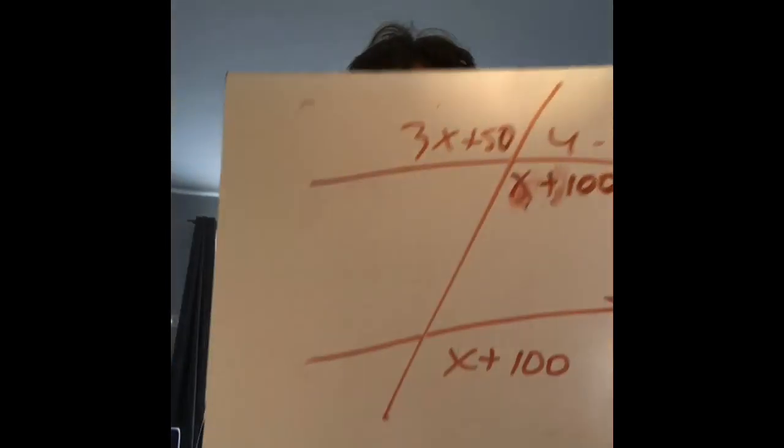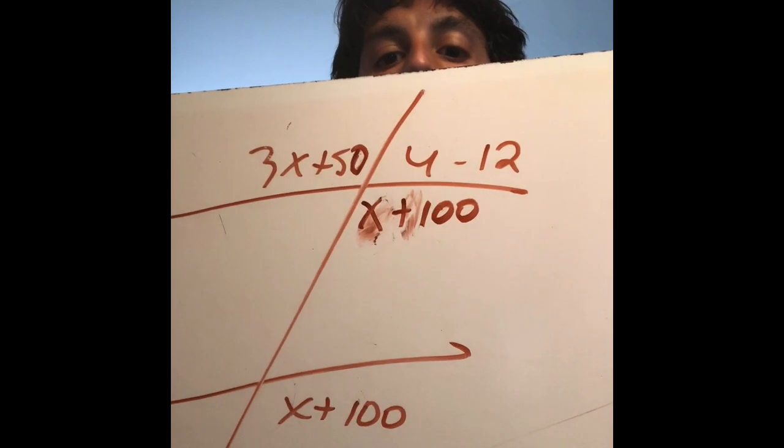Okay, so now I'm going back up here, back to my top, and I have a straight line. So I know that x equals 25, and I know that I have a straight line across the top where it's 3 times 25, because that's what x is, plus 50, plus y minus 12.